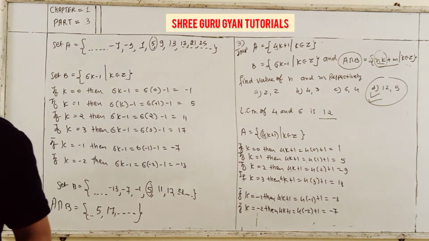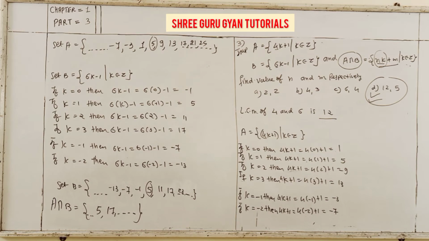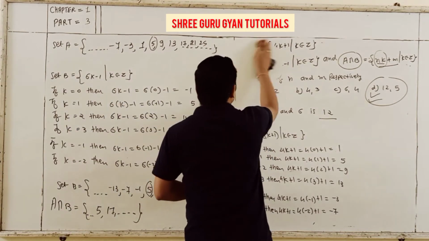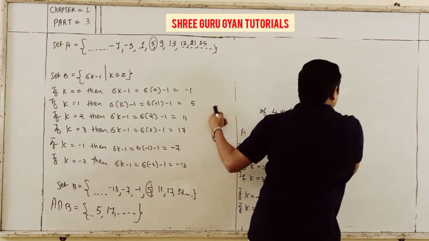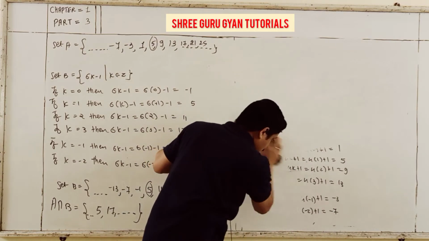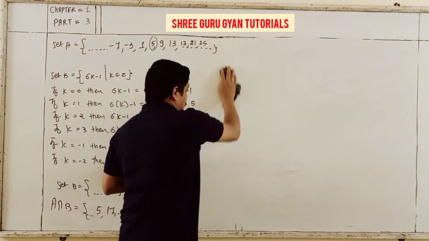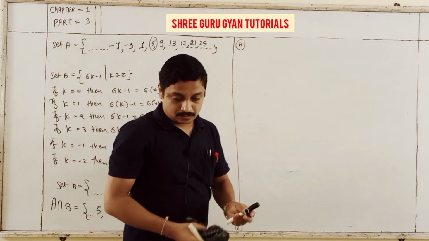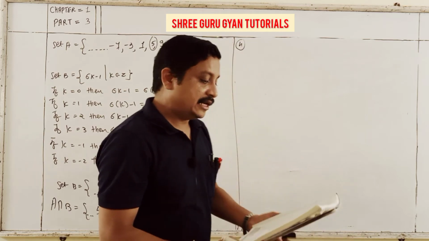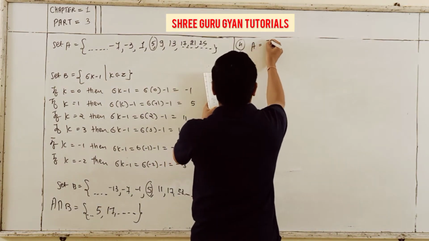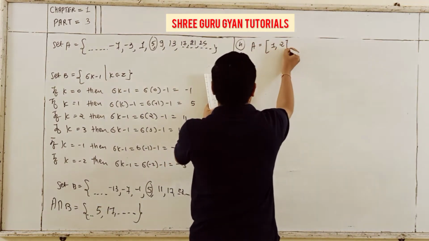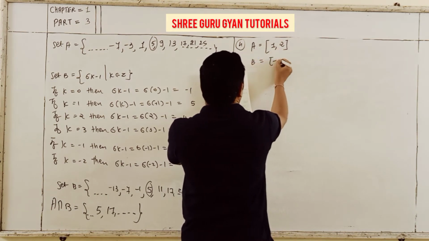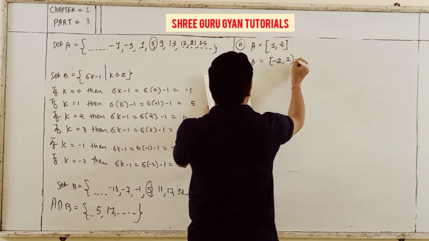Now after that I am going to question number 4. Now continue with the fourth one. In the fourth, let A be a set [minus 1, 2] and B set be [minus 2, 1).